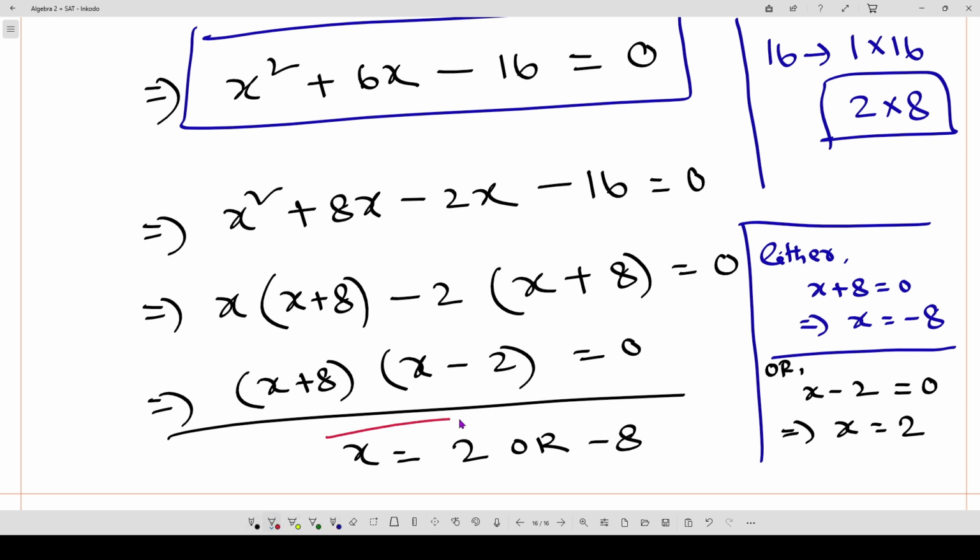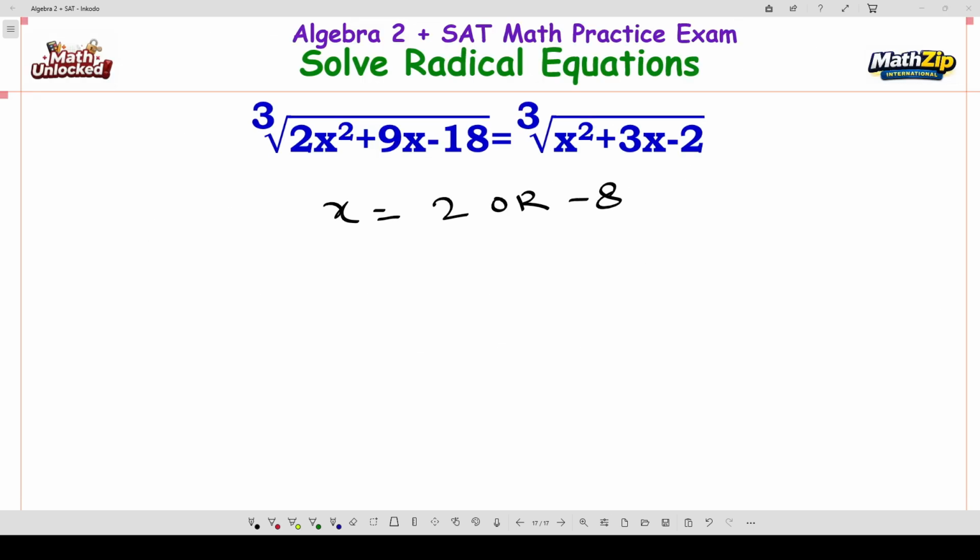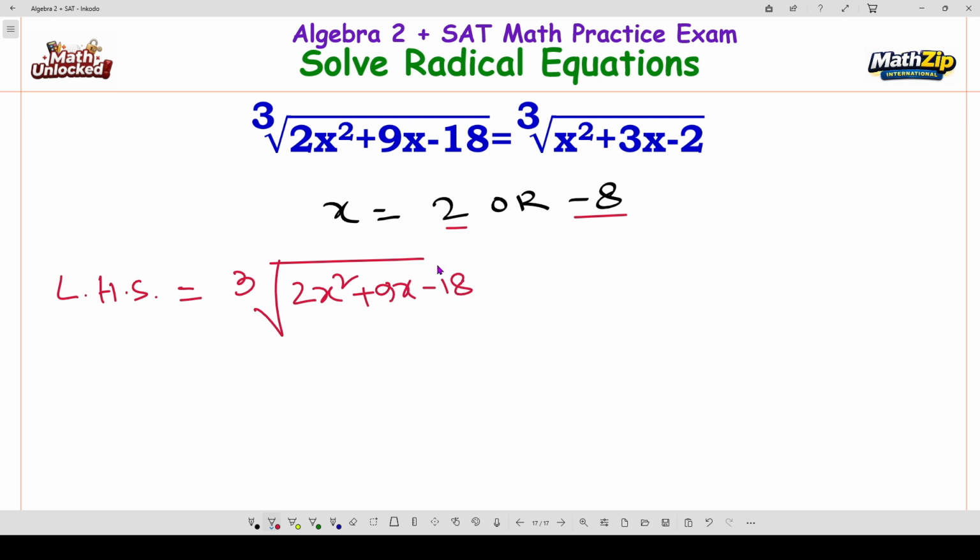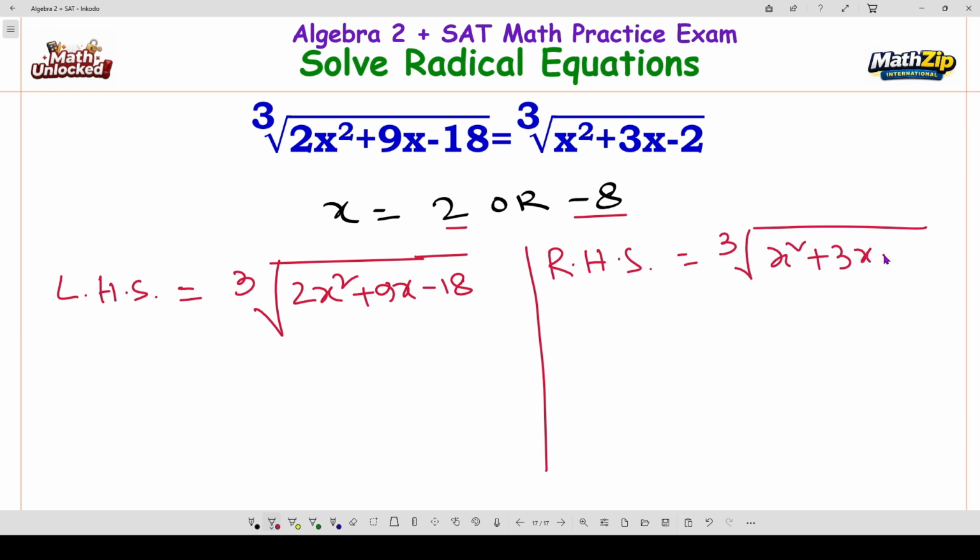So we need to verify whether it is right or wrong. So let's verify. We got two answers, one is 2, another one is −8. So first, on the left side, cubic root of 2x² + 9x − 18, and on the right side, cubic root of x² + 3x − 2.